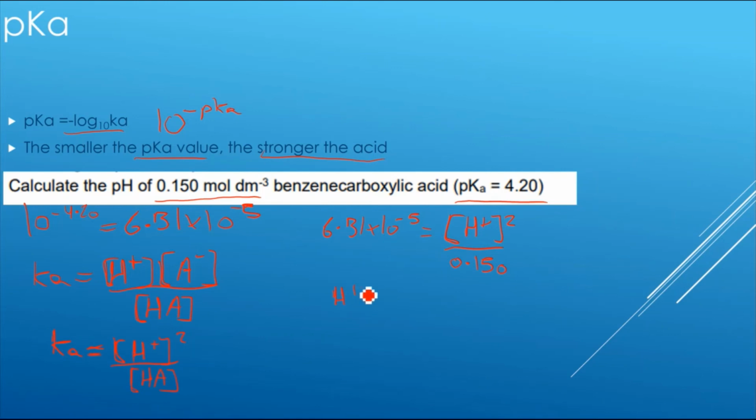So I would get H+ squared to be equal to 9.465 times 10 to the power of minus 6.